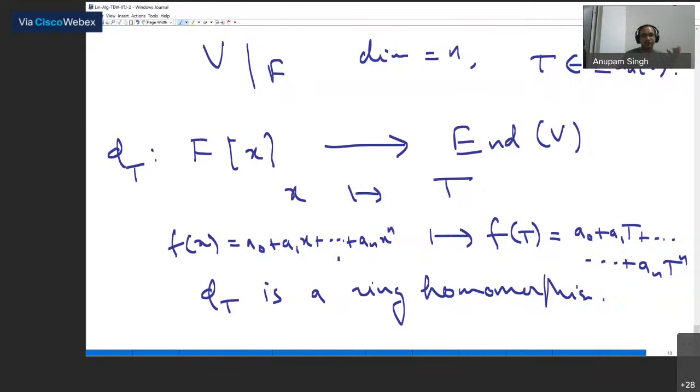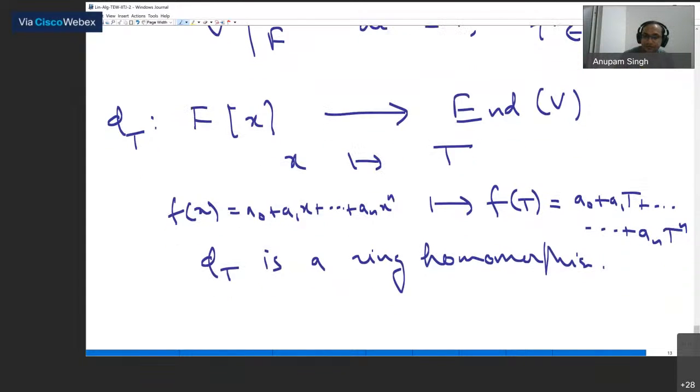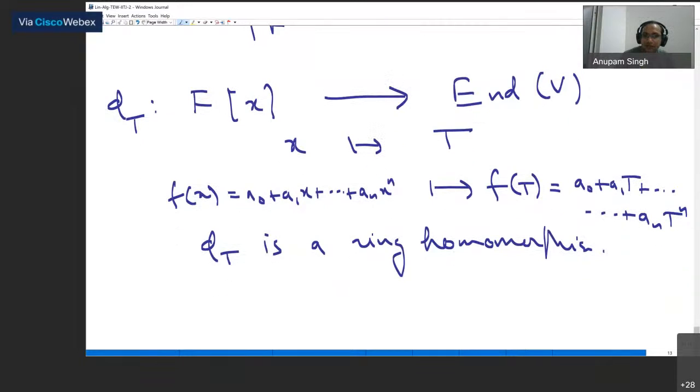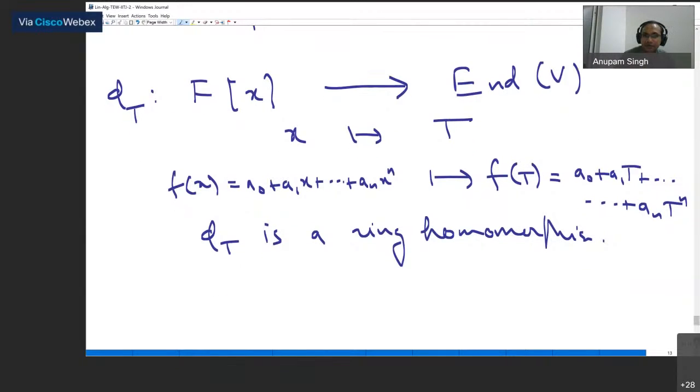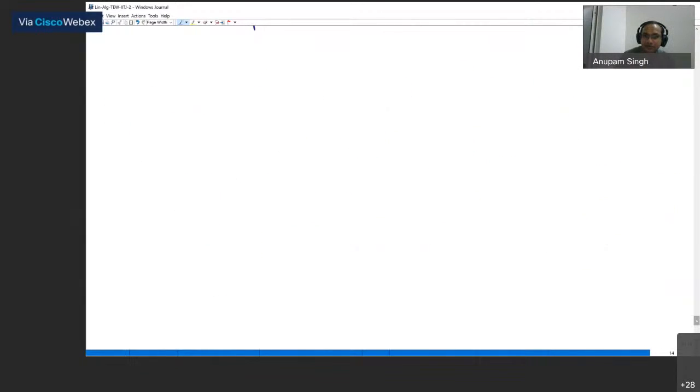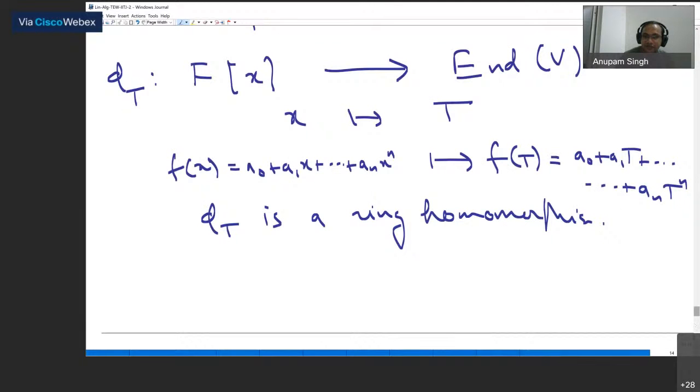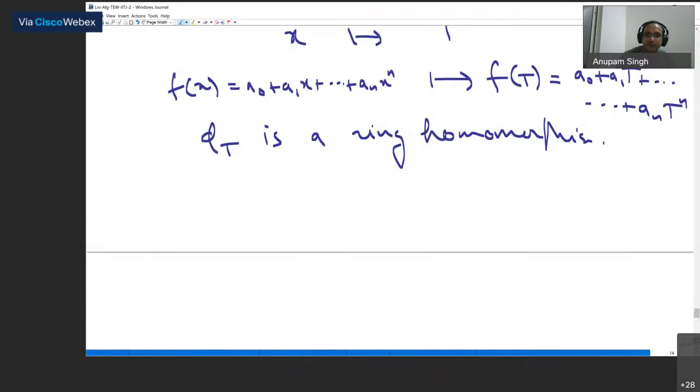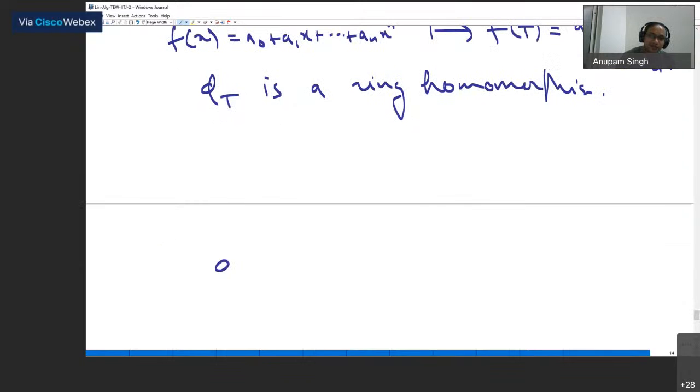If I have polynomial f(x) times g(x), f(T) times g(T), you can check easily that it's a ring homomorphism. Now, what does that mean here? So we want to get into the context. So first thing, notice this, that phi is not injective. It cannot be injective.